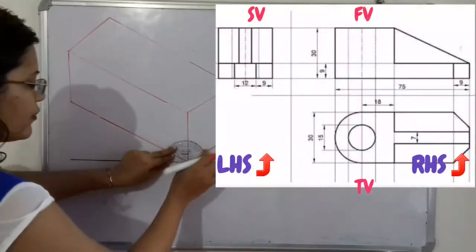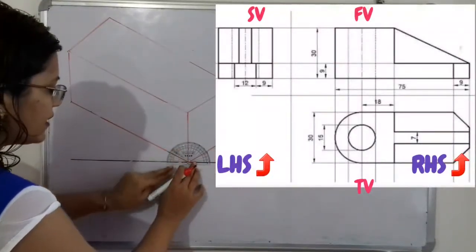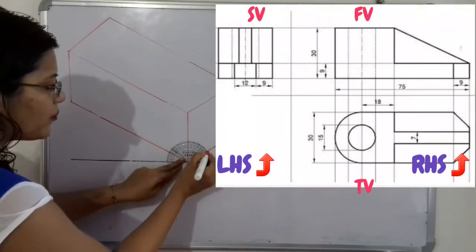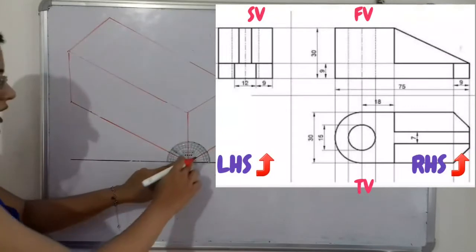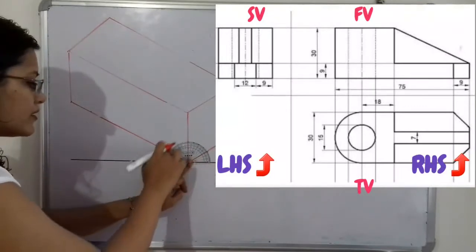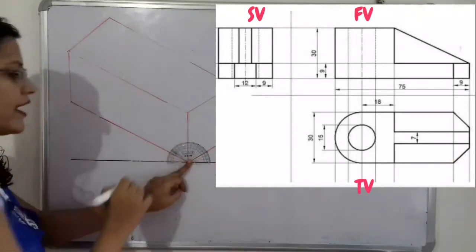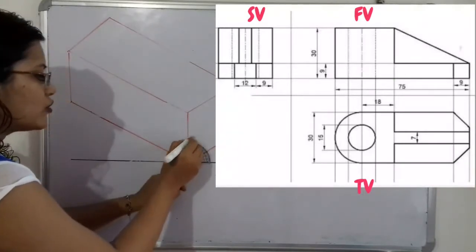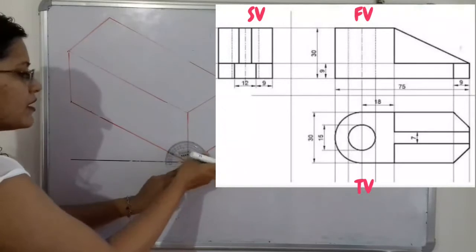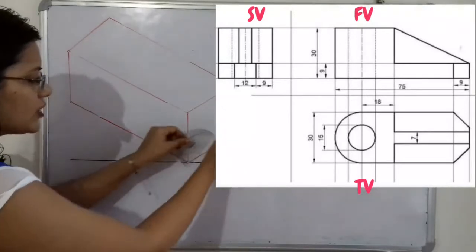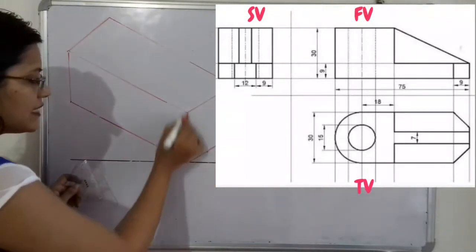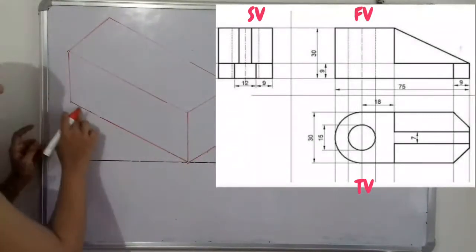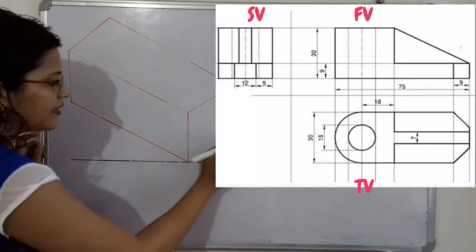If we keep the protractor here, then from one side of this point we will mark a point at 30-degree angle, and from the other side we will mark a point at 30-degree angle, and for the 90-degree angle also we have to select one point. Now from these 3 points draw the lines passing through these selected points. Now if we observe, there are 3 lines: first line, second line and third line.